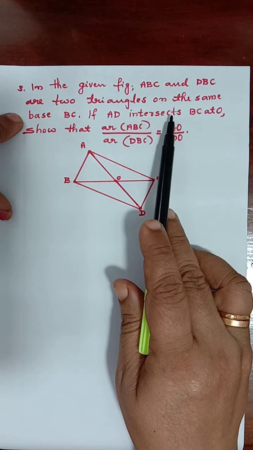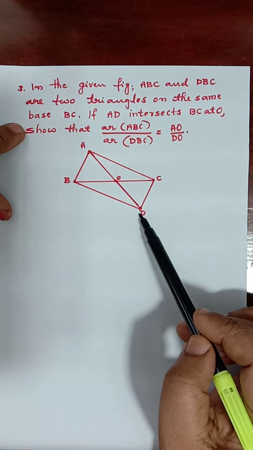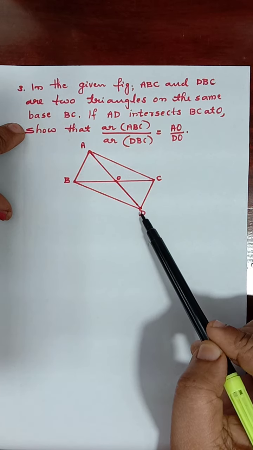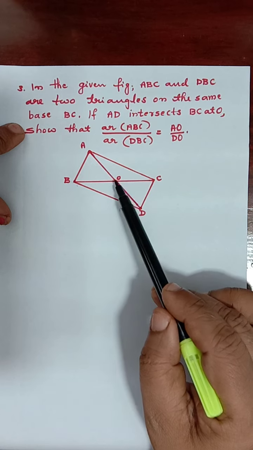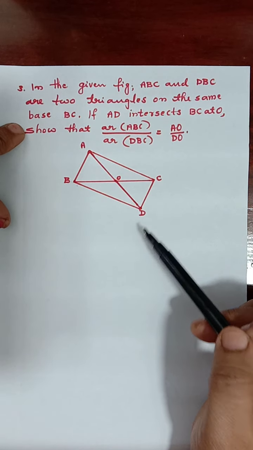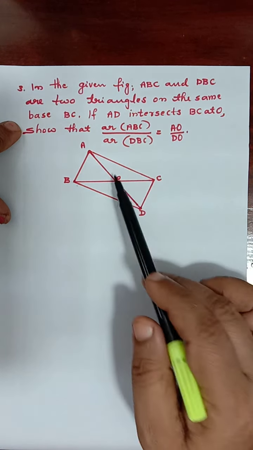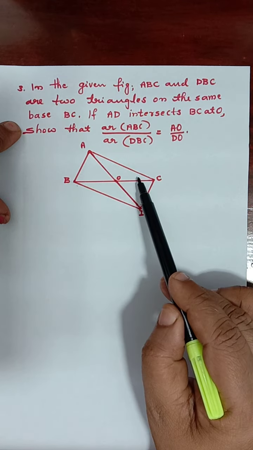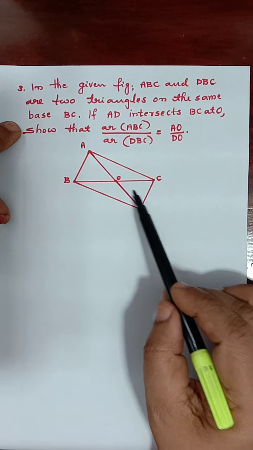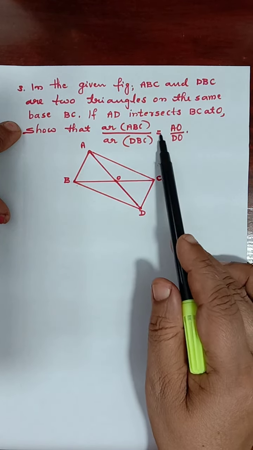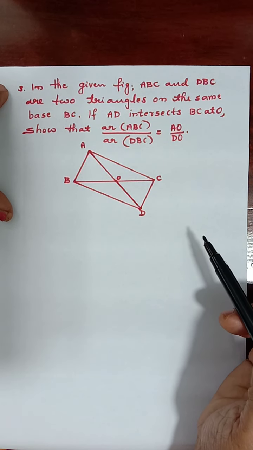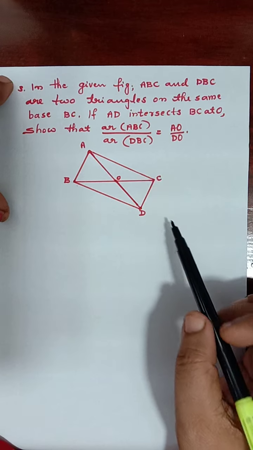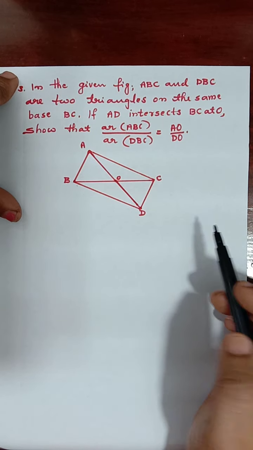If AD intersects BC at O, these are our diagonals, show that area of ABC by area of the upper triangle by area of DBC is equal to AO by DO. So, how do we find the ratio of the areas of these two? Okay, let us see that.